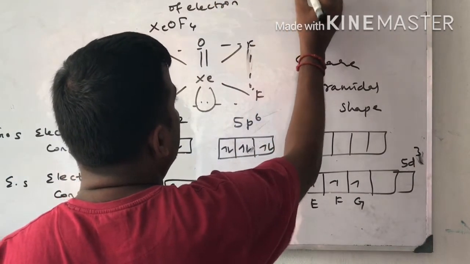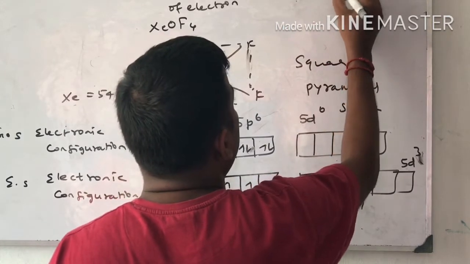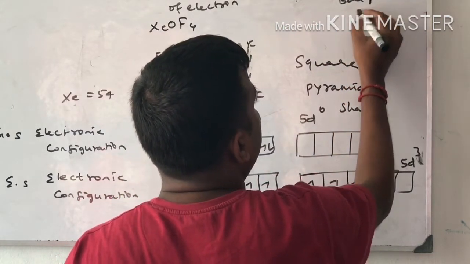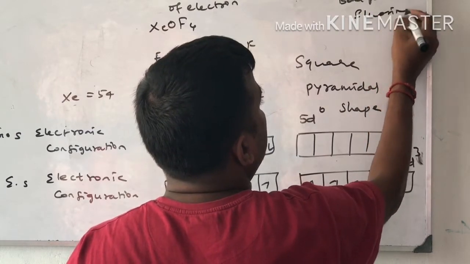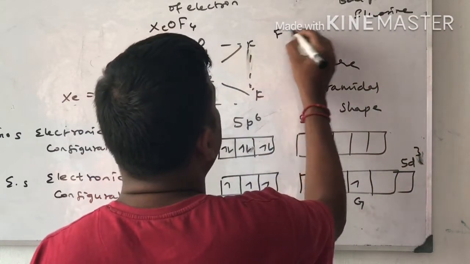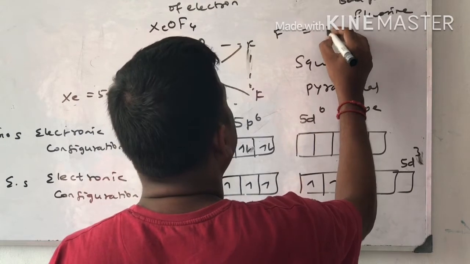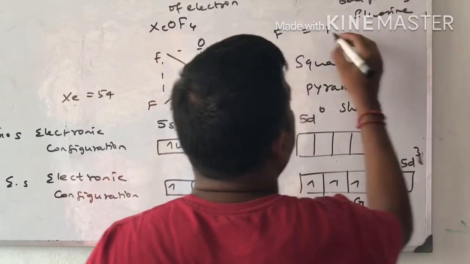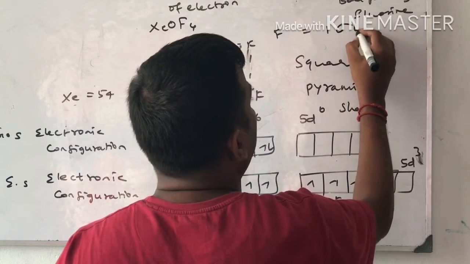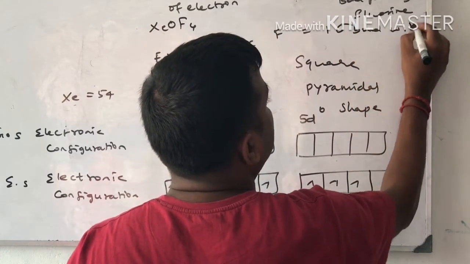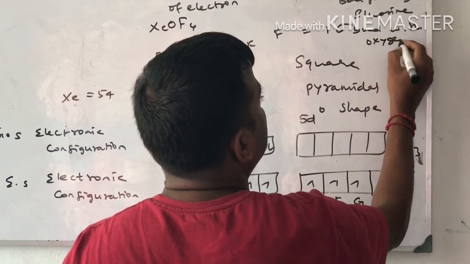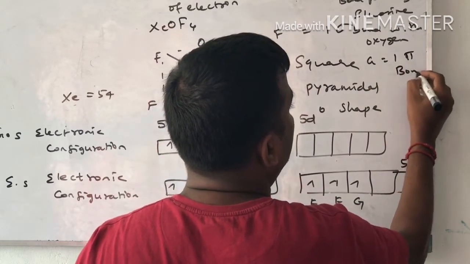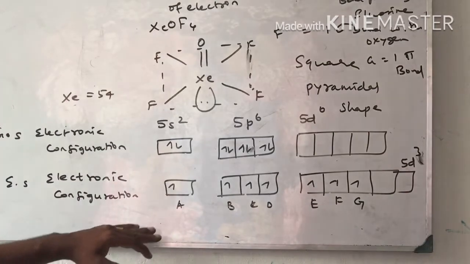B, C, D, E is equal to 4 bond pairs of fluorine. 4 bond pairs are 4 sigma bonds. Here F is 1 sigma bond with oxygen. G is equal to 1 pi bond. So these are the information.